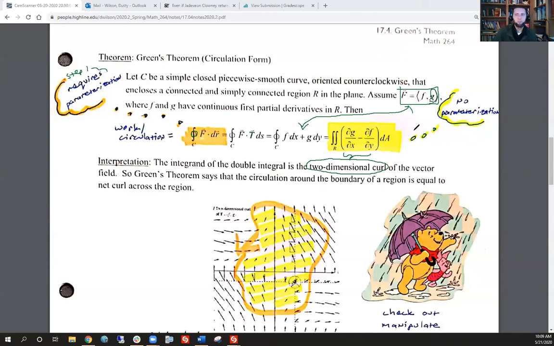The examples in your homework were probably somewhat challenging, and those were all relatively straightforward. So if you want to evaluate work, you have to parameterize. On the other side of Green's theorem, no parameterization is needed. That's the good news. The bad news is you have to evaluate a double integral.